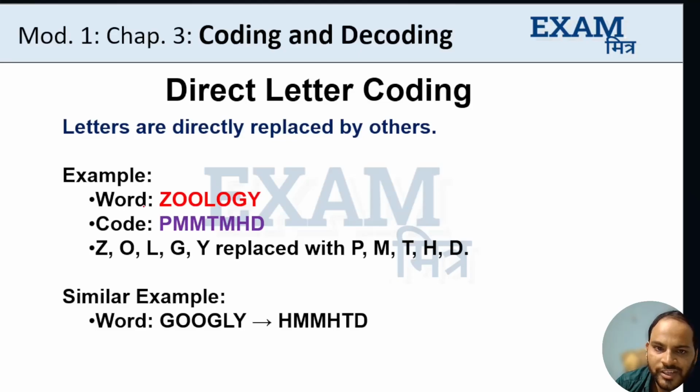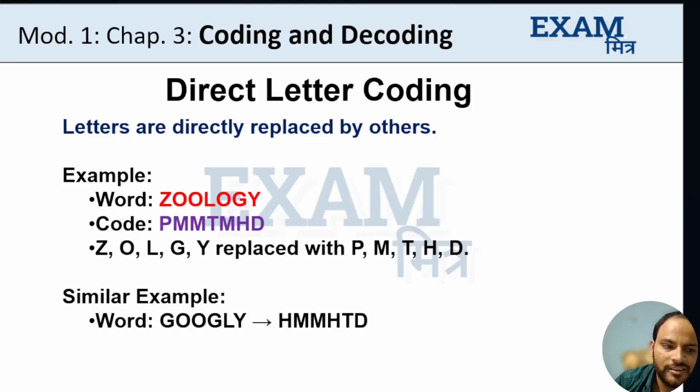It is a little bit more difficult in direct letter coding. Googly is coded as HMMHTD. It is a direct coding. We will see what are the questions based on this type of coding.